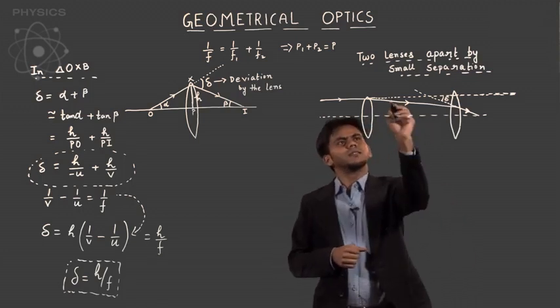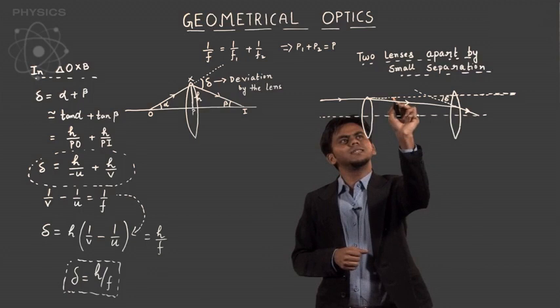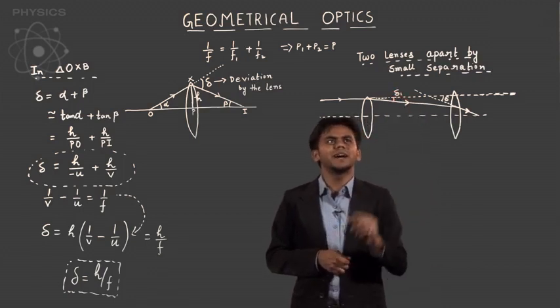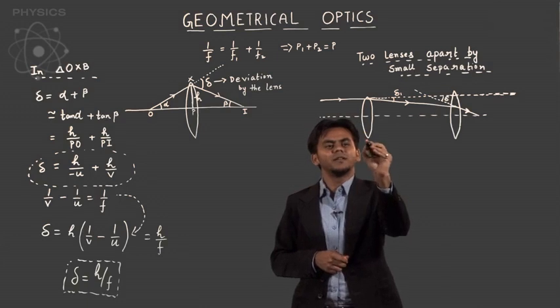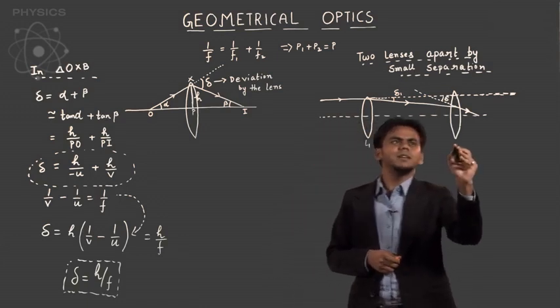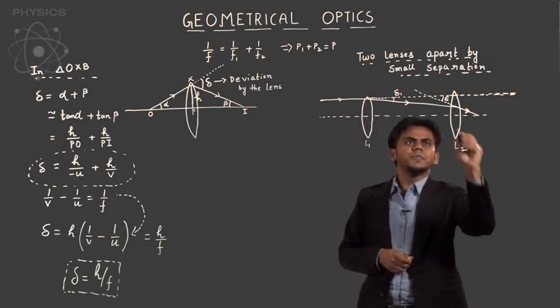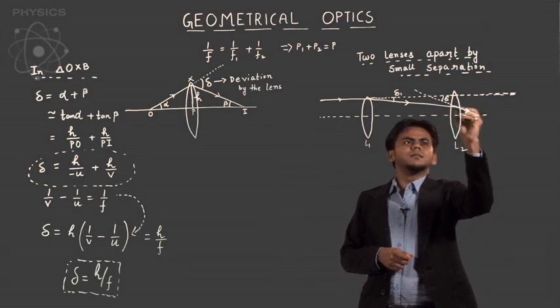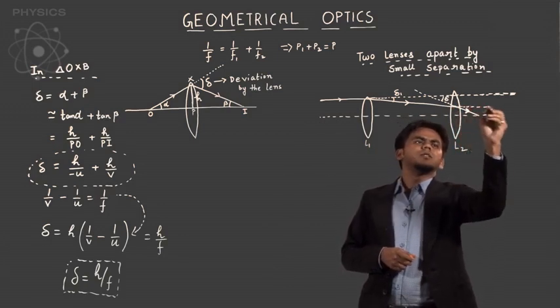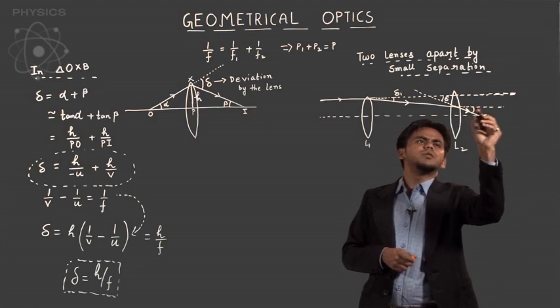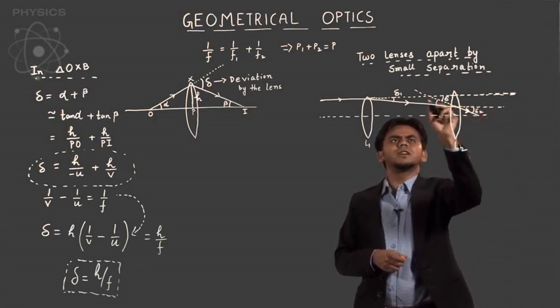What about this angle? This angle is your delta 1 produced by this L1. Similarly, for L2, if you extend this forward, this would be your delta 2. So even this is your delta 2.